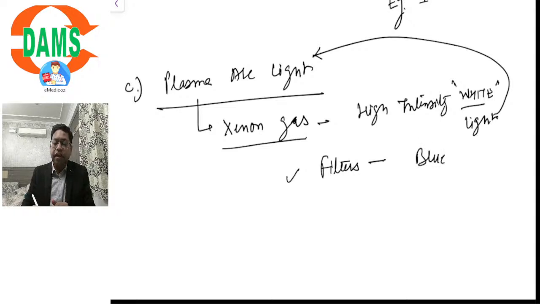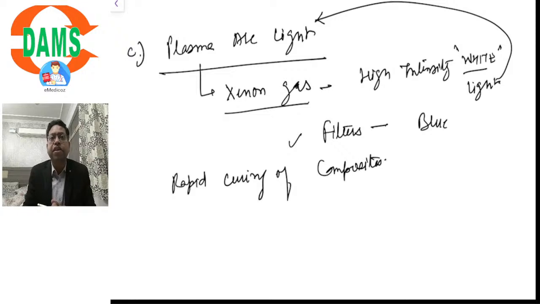Okay. And it causes rapid curing of composites. Because of the high intensity of light, higher as compared to LEDs and QTH, they cause very rapid curing of composites. But remember, very rapid curing of composites is not always advantageous.